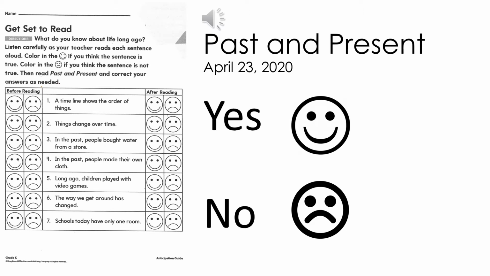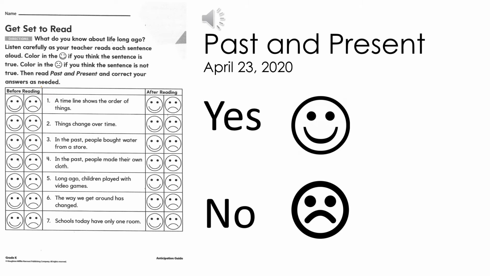And remember that you're going to color the smiley face, the happy face if your answer is yes, and the sad face if your answer is no. Remember, there's no right or wrong answer. This is just to see what you already know about the past and the present, all right? Or to see what you already think, or how you feel about it, okay? So get your crayons ready and let's start with number 1.